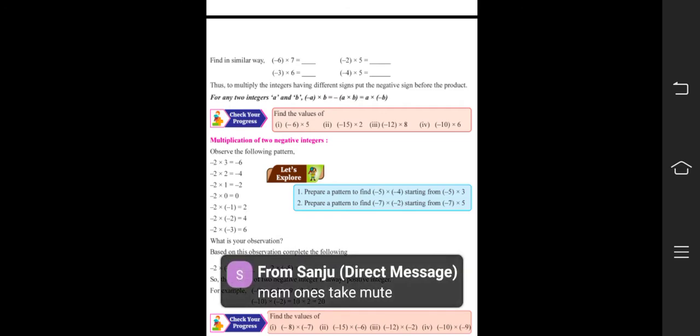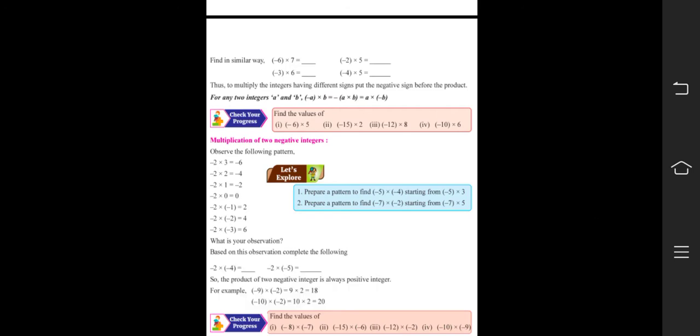So minus 2 into minus 4 equals how much? Plus 8. Minus 2 into minus 5, what is the answer? Plus 10. So the product of two negative integers is always a positive integer.